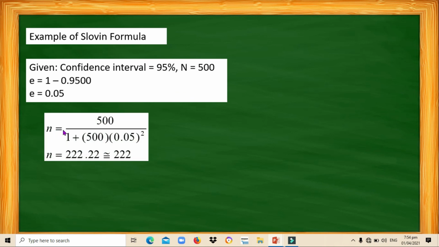So our sample: substitute to the formula, the population 500 over 1 plus 500 times the margin of error, then squared. Then using the calculator, the sample is 222.22, and approximately that is 222.